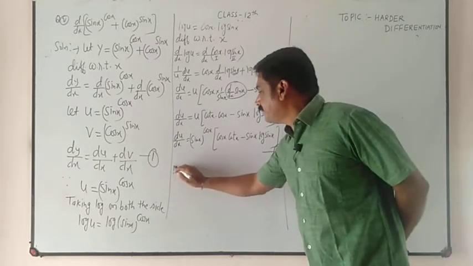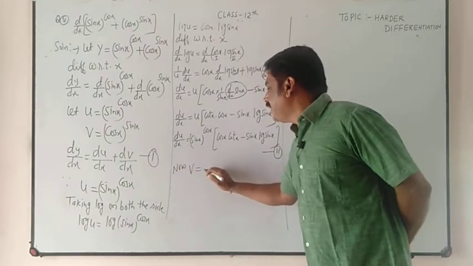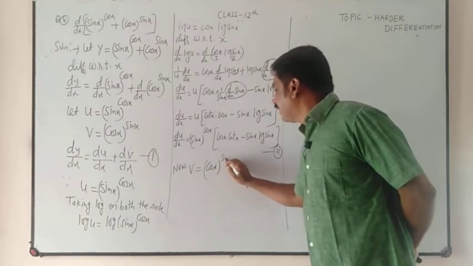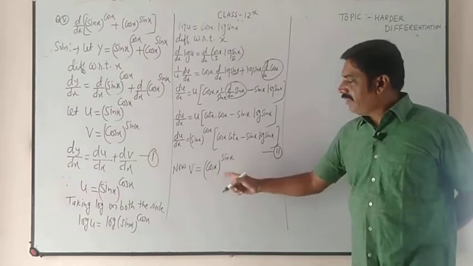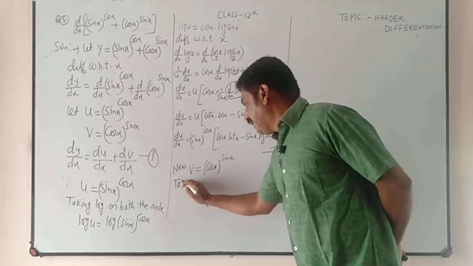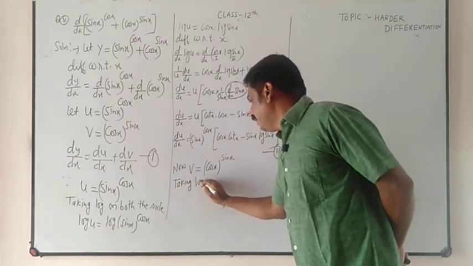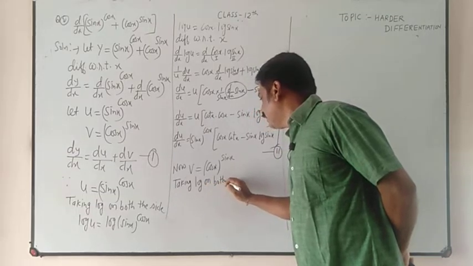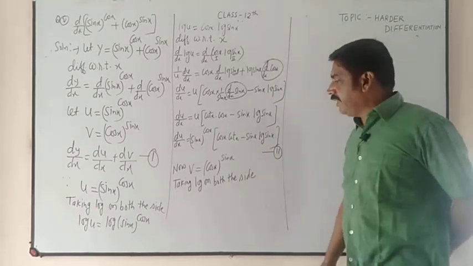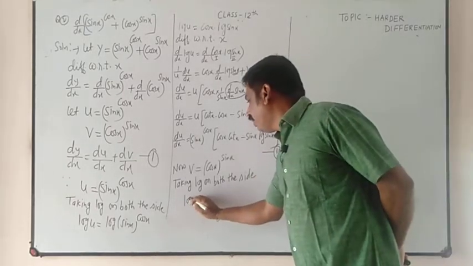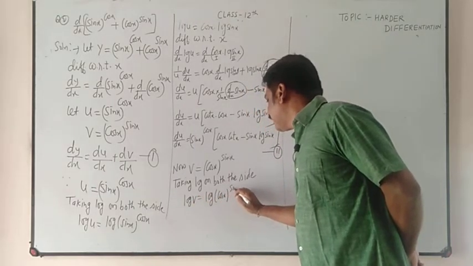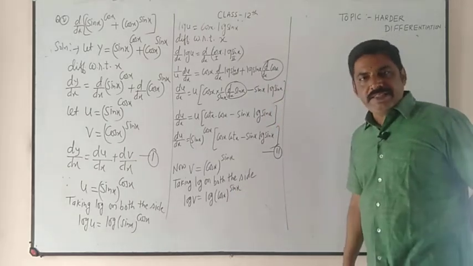Now v is equal to cos x raised to sin x, variable raised to variable. So taking log on both the sides, log v is equal to log of cos x raised to sin x.